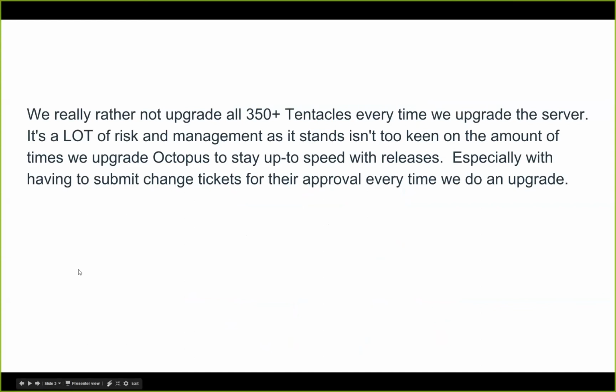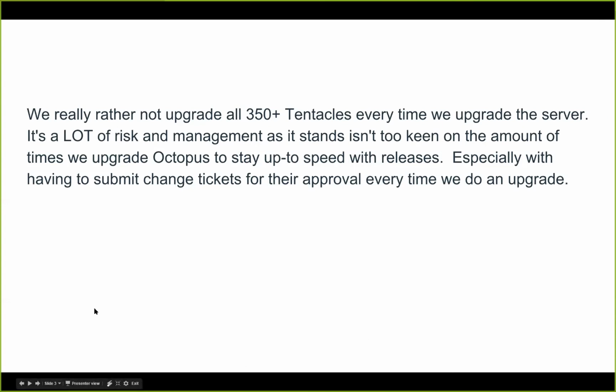No, really, from a customer's perspective, this is what it feels like to upgrade Tentacles. It's a bit of a pain in the butt. And it's a barrier for people to keeping Octopus up to date, which sucks for us because it's hard to support customers who aren't up to date. And it sucks for customers because they don't get the best product. They don't get to enjoy Octopus at its best.